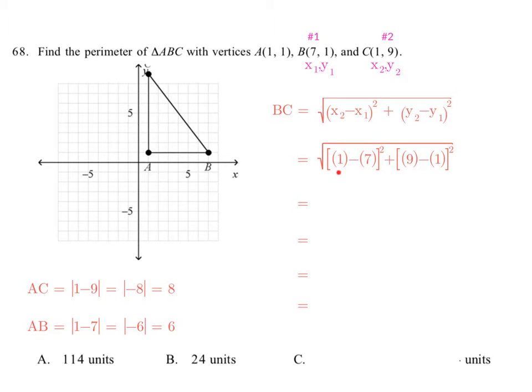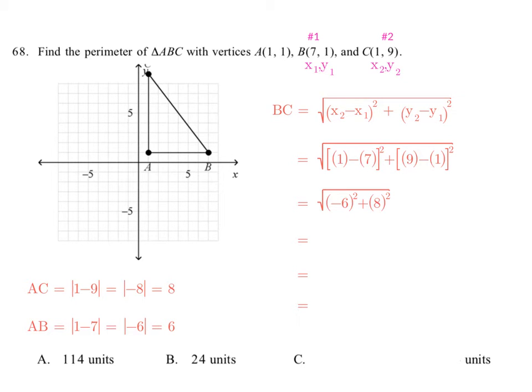Okay, so x2 is 1 minus x1, which is 7, and then y2, which is 9, minus y1, which is 1. Okay, so we've got inside here, there's brackets on the outside. Since there's parentheses inside, we have the outside brackets, so you know that this is the larger set of grouping symbols. Okay, and then we just simplify here.